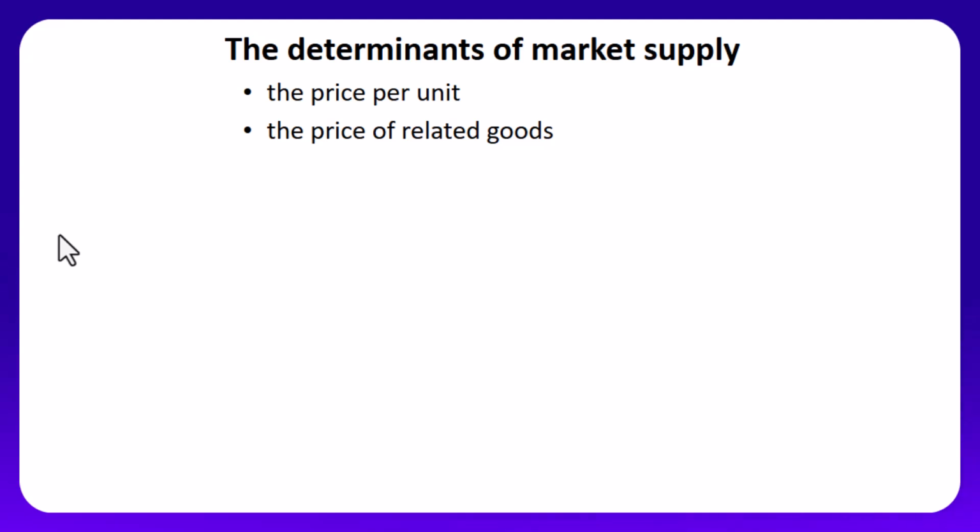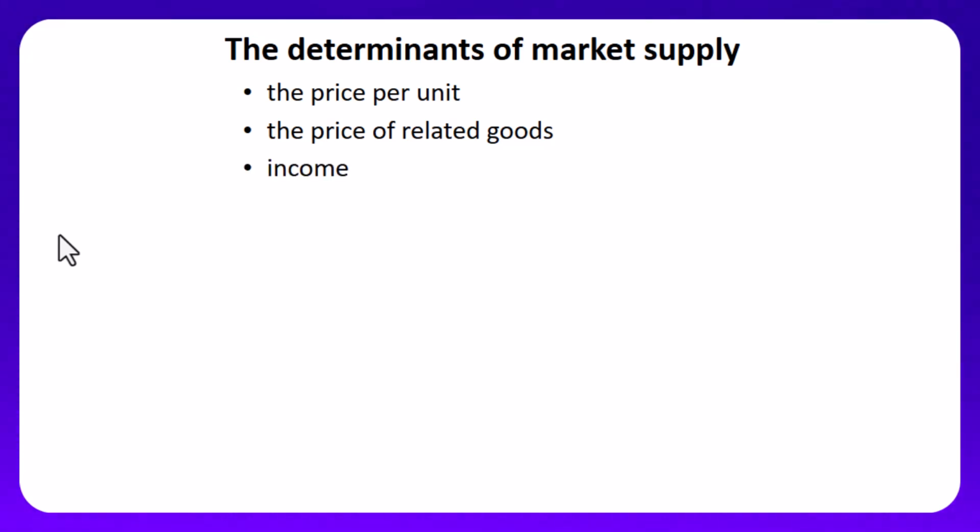The supply of electric cars may increase because the price of petrol means less petrol cars are required or wanted. So there is a linkage between the relationship between goods, electric cars and petrol-driven cars are related.